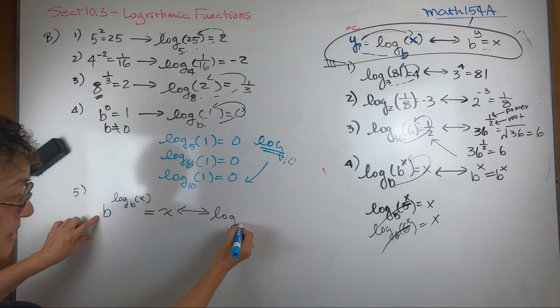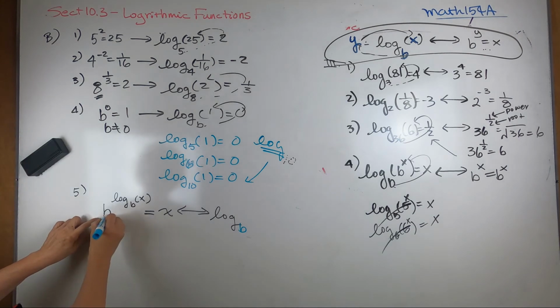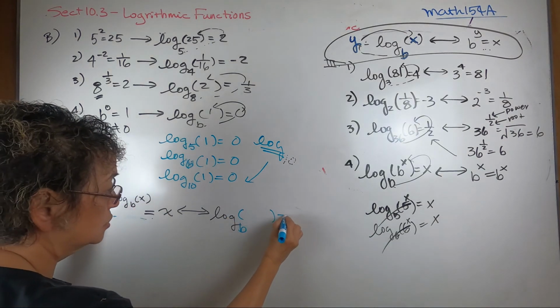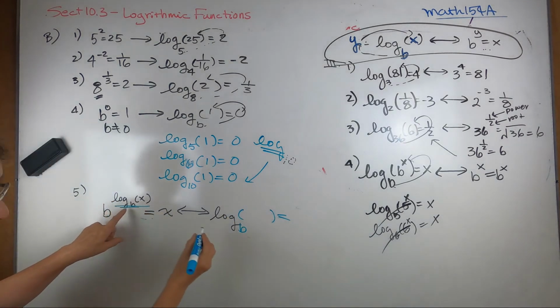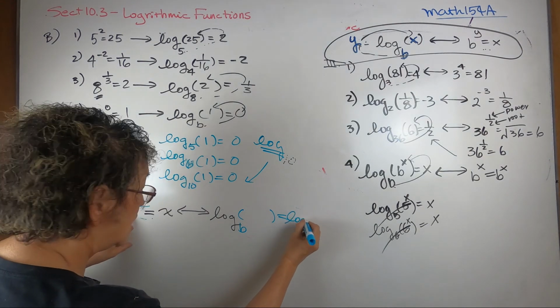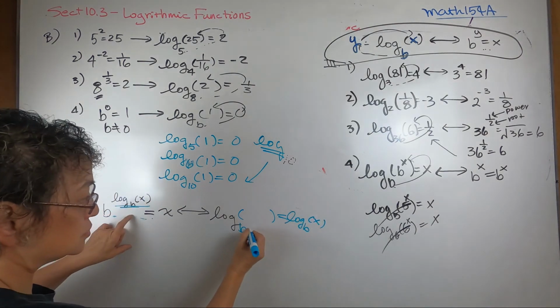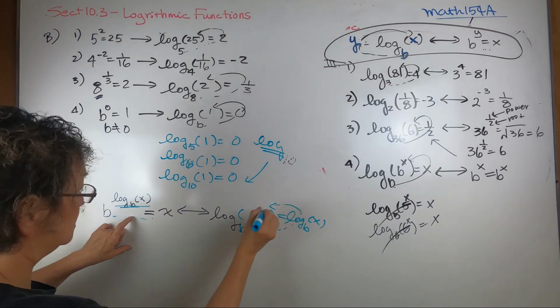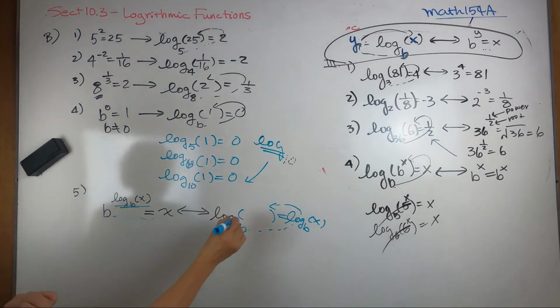So base is b, right? Then you hook your exponent, so log b of x. So you hook this guy, you're supposed to get this guy, x.